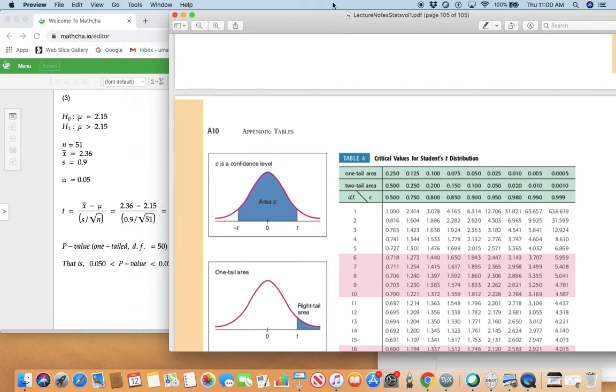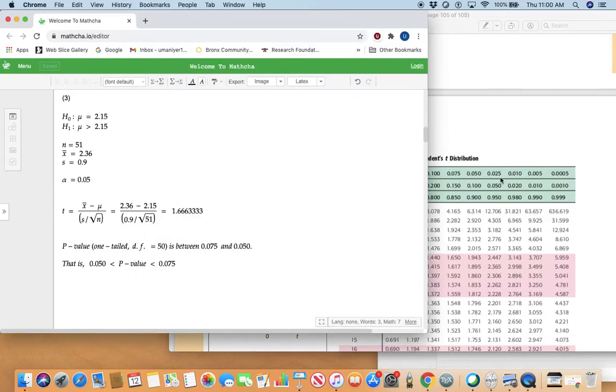So let's keep that in mind. Between these two numbers, that's what I have written. I'll write the smaller number first: 0.050 is less than the p-value, which is less than 0.075. All right.